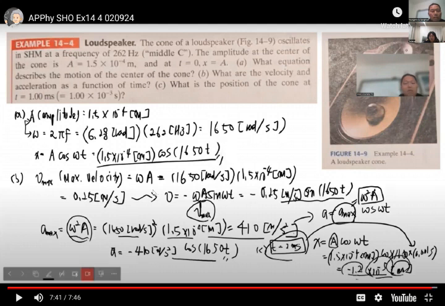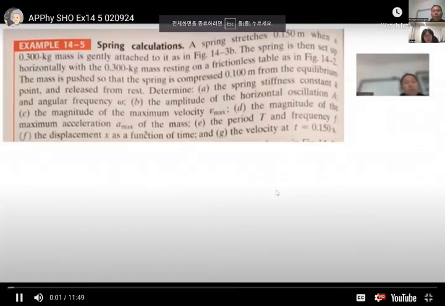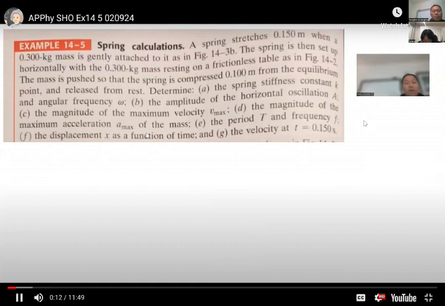Okay, let's have one more sample problem before we wrap up today's session. Example 14-5. Spring calculation. A spring stretches 0.15 meter when a 0.3 kilogram mass is gently attached to it.